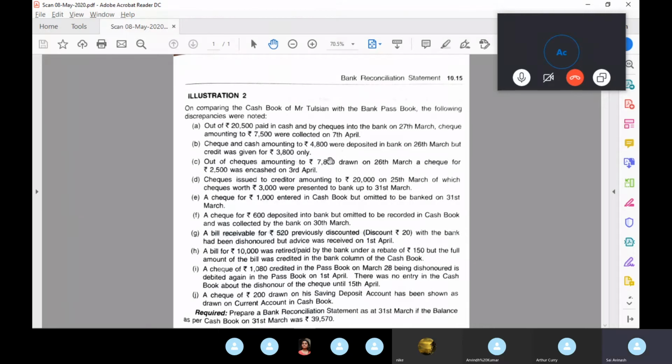Out of checks amounting to 7,800 drawn on 26th March, a check for 2,500 was encashed on 3rd April. What is this? The word drawn means that we have issued a check to, say, a vendor or somebody we have to pay.